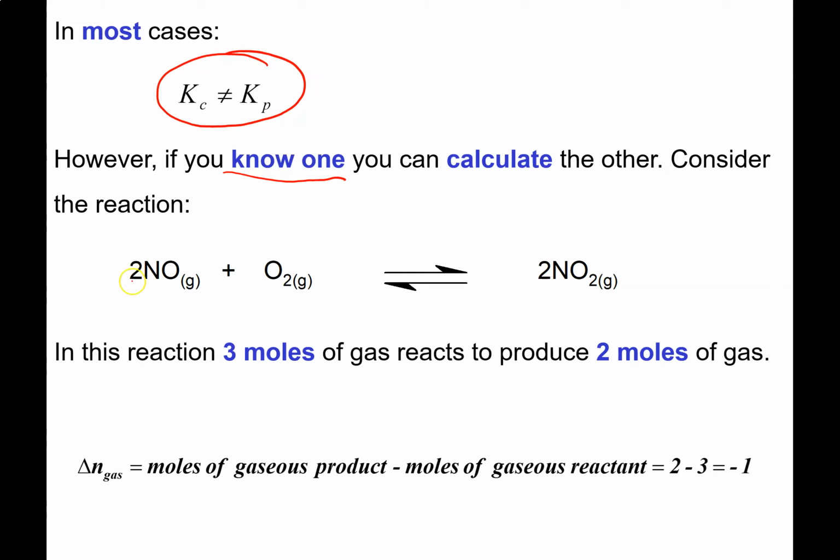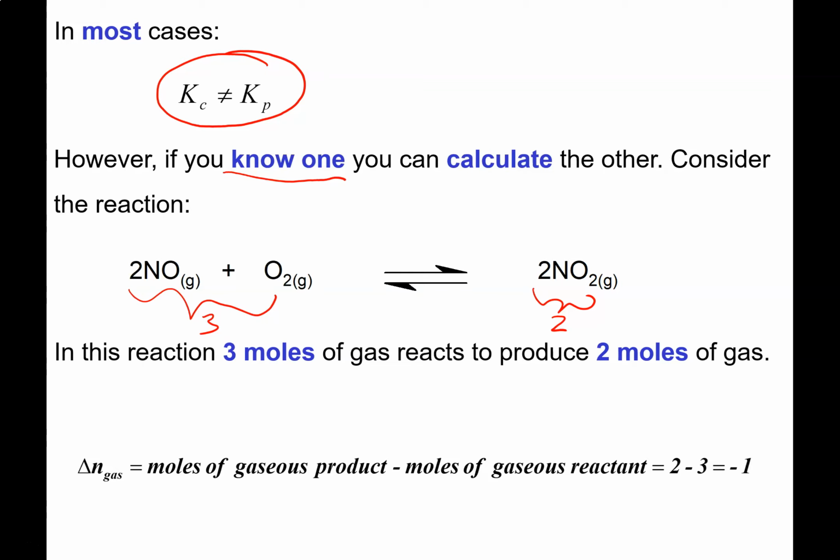So here's a reaction where we have 2 moles of nitric oxide reacting with 1 mole of oxygen to produce 2 moles of NO2, and this system has come into equilibrium. The important thing to recognize here is that on the left-hand side of this expression, you have 3 moles of gas, and they are reacting to produce 2 moles of gas.